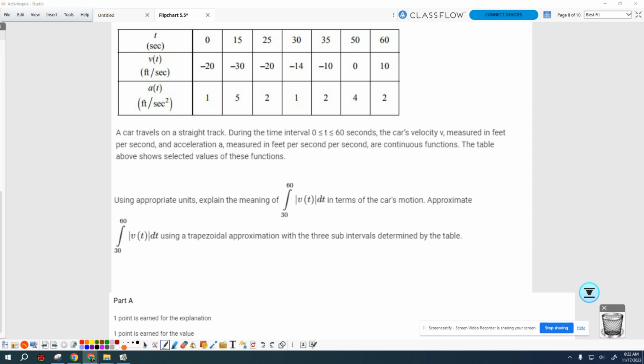Just like averages 30 and 51. Brooke, do you know what's going on? No?